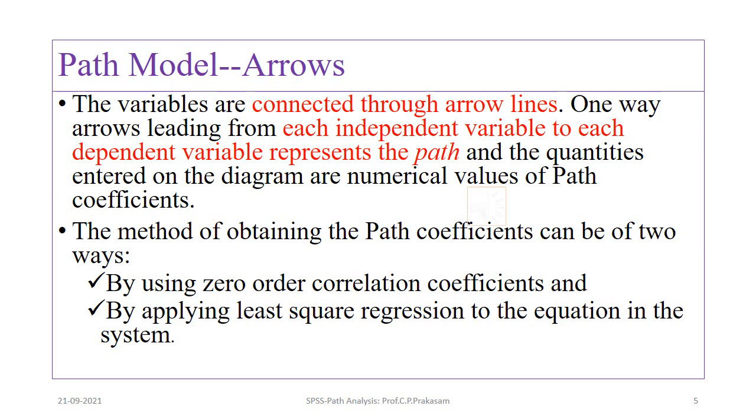How to calculate the path coefficients? The method of obtaining path coefficients can be in two ways: by using the zero order correlation coefficient and by using the least square regression to the equations in the system.